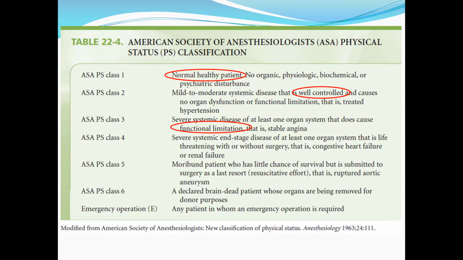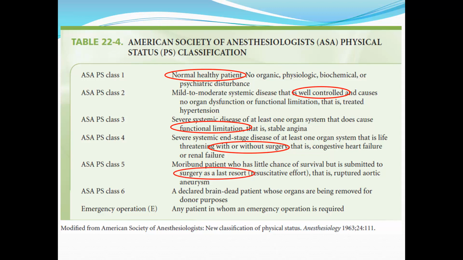People with COPD that are limited in function should go in here. Now, ASA class 4 are severe systemic disease that have some end stage organ problems. These are the people whose life is in jeopardy with or without surgery, like people with heart failure, people with severe renal failure, people with cirrhosis.